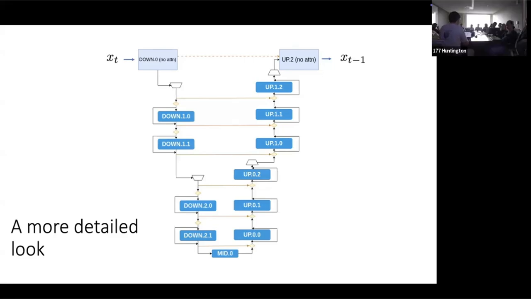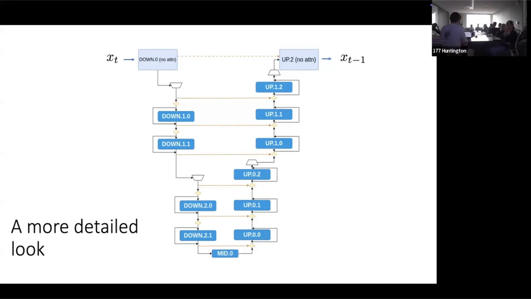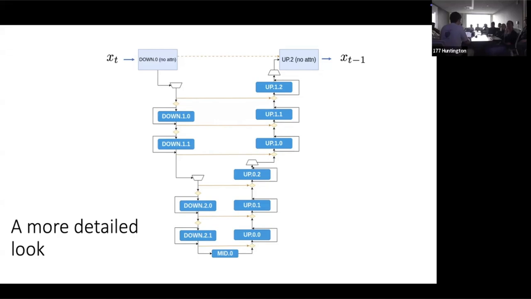It is by no means an accurate characterization, but if you turn on a cat and a dog feature in this layer, you will end up with a cat and a dog in your image. If you do this at other layers, you will maybe locally turn on some hairiness feature or something like that. But we will get to that later.